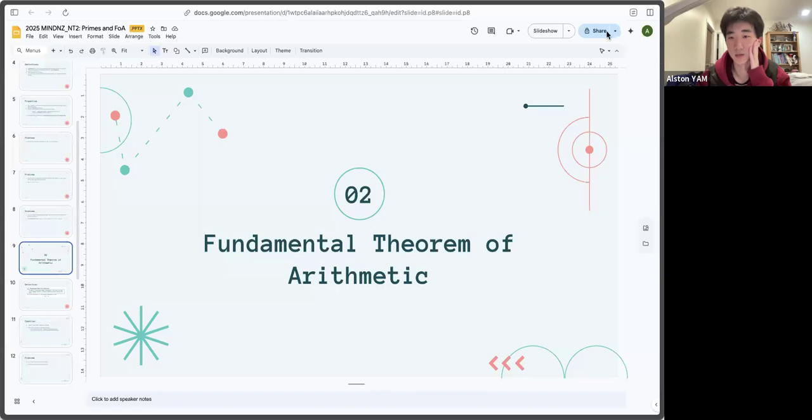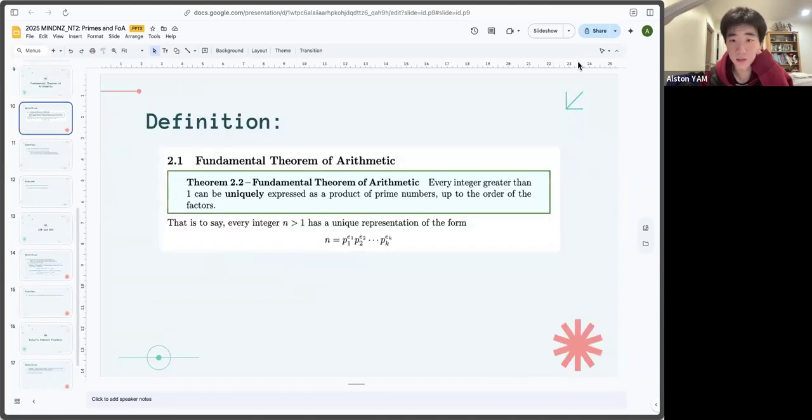So let's go to the next section, which is the fundamental theorem of arithmetic, which, as the name suggests, is pretty fundamental. It's pretty important to number theory. Here is the theorem, which is just that every integer greater than 1 is uniquely expressed as a product of prime factors.